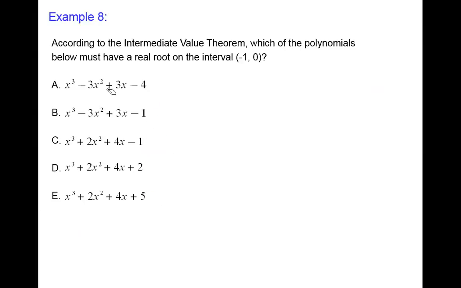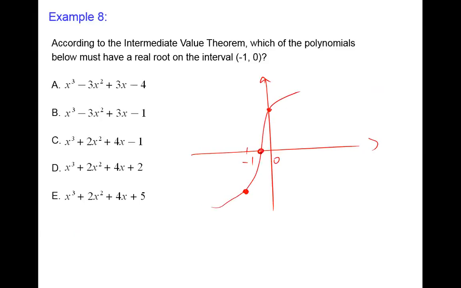We have to take each polynomial one by one and test the value for -1 and for 0. If one of them is positive, one of them is negative, let's say the value for -1 is negative and the value for 0 is positive, this is telling me that I will intersect the x-axis: real root, real solution, real x-intercept.